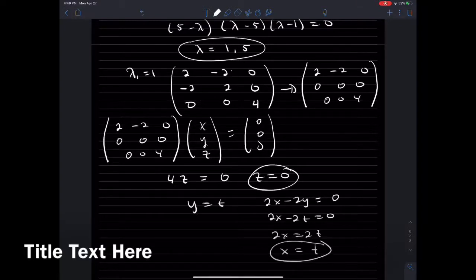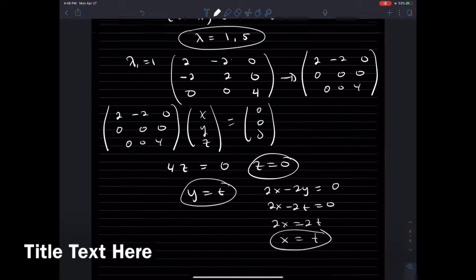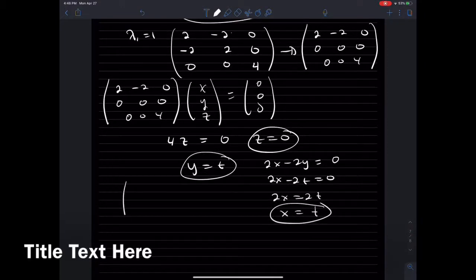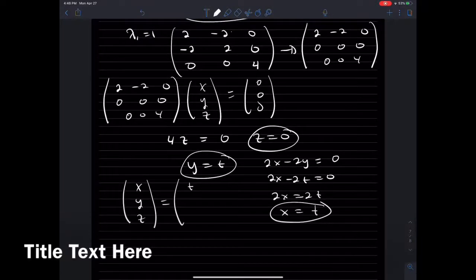Okay, I've got all three of them. So x, y, z is going to be t, t, 0, which is t times 1, 1, 0. So there's my eigenvector.